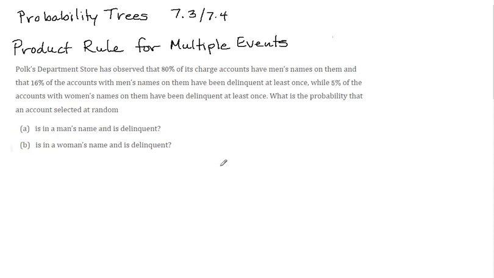Okay, here comes our probability tree. We have 2 things going on. One is that it could be in a man's name or a woman's name. And then if it's in a man's name, that happens 80% of the time, which means that the rest of the time, the other 20% of the time, the account is in a woman's name. Now, given that it's in a man's name, what's the probability that it's delinquent?